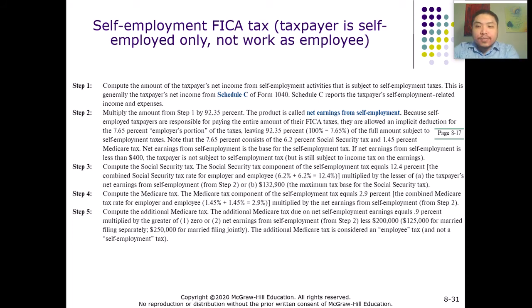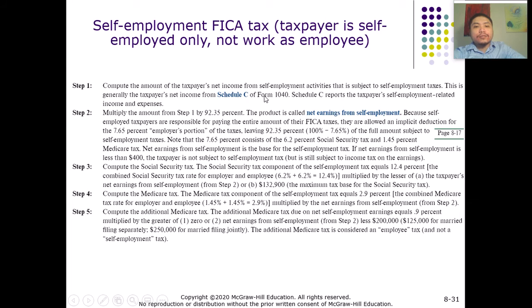So these are the steps I got from the e-textbook to calculate the FICA tax liabilities for a self-employed person. Step 1: calculate the amount of taxable net income from self-employment activities that's subject to self-employment taxes. So basically, whatever net income this self-employed person made during the fiscal year.